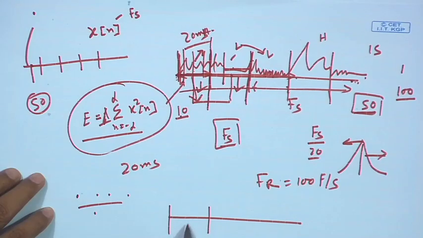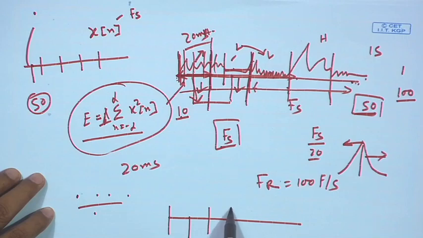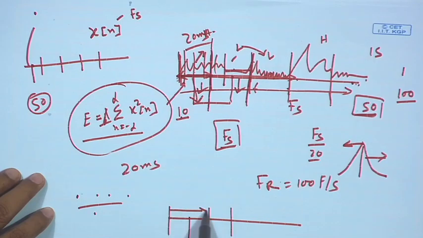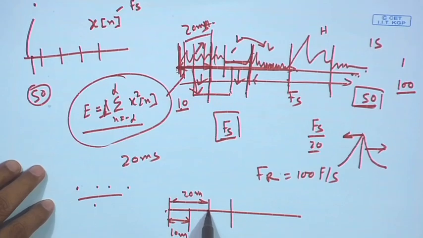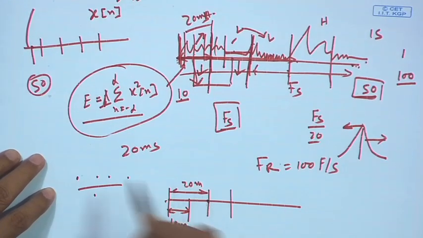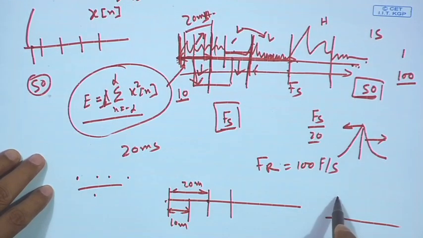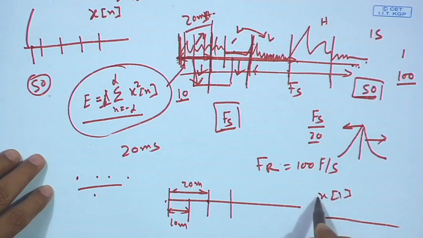Now, slide the window. So, effectively what I am doing is windowing the signal with overlap methods. This is the window length, let us say 20 millisecond, and this is the frame shift, 10 millisecond. So, from 0 to 20 millisecond I take the signal, process it, and find the parameter vector, let us say vector A1.